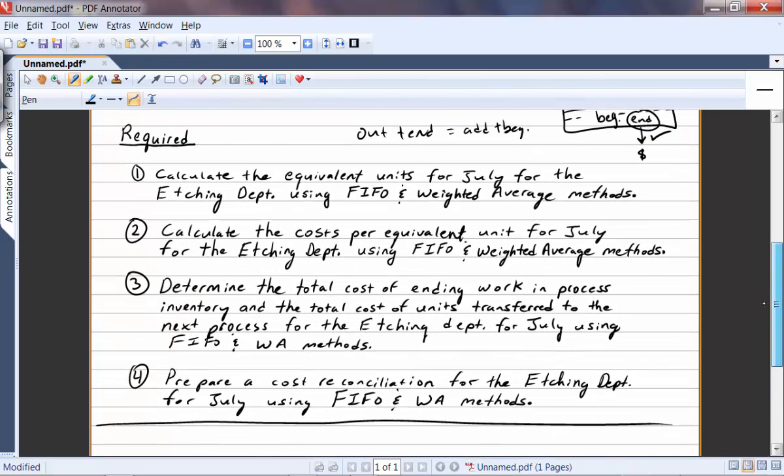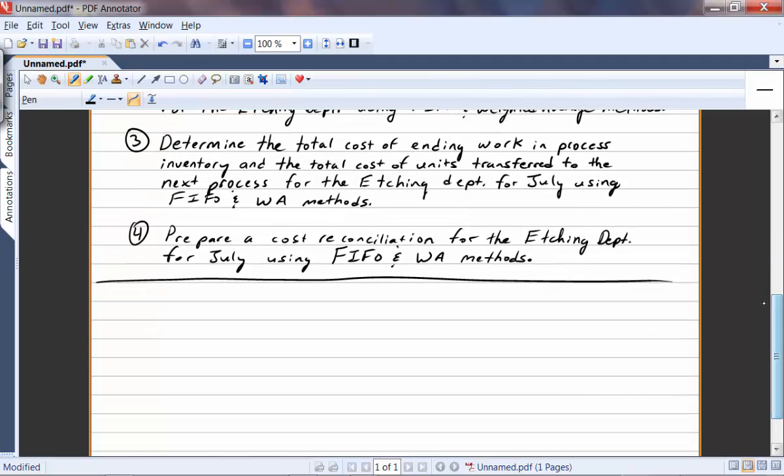So now let's start with number 1 here. Calculate the equivalent units for July using the FIFO method.